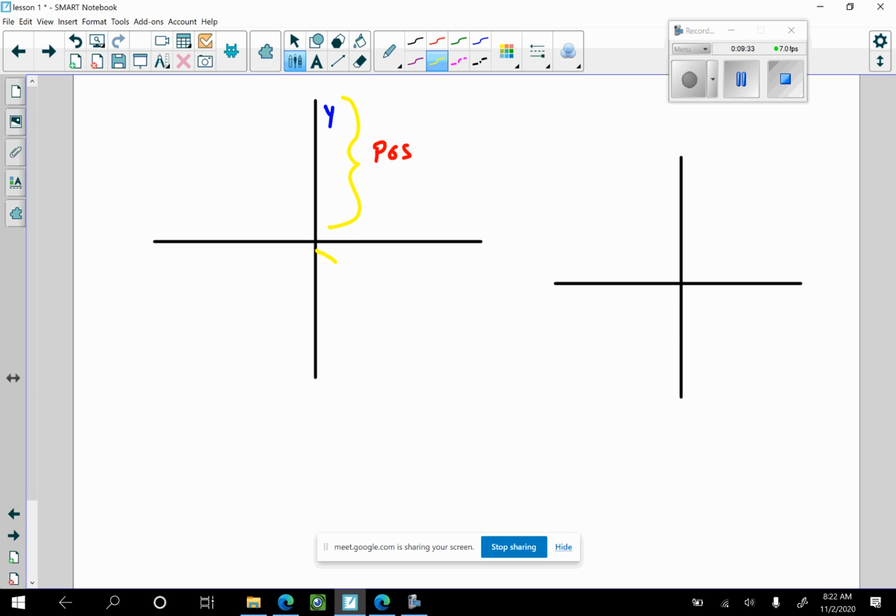This part of the y-axis is negative. I don't know if you had room in your book to add this somewhere, but you don't have to worry about it. Just think about this for a minute.